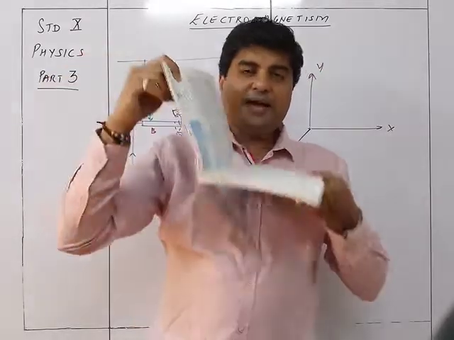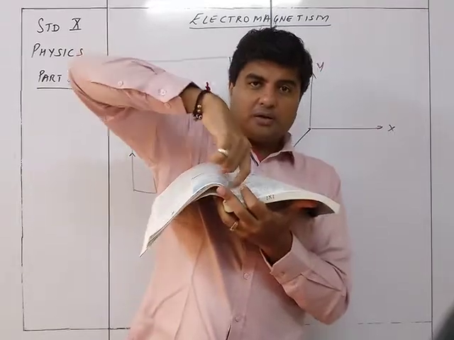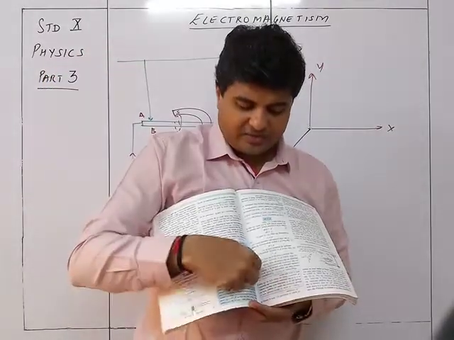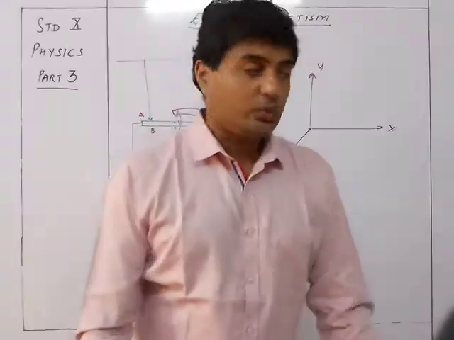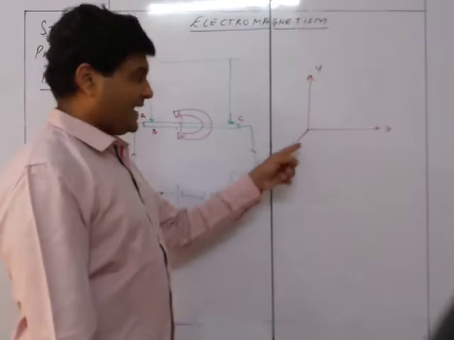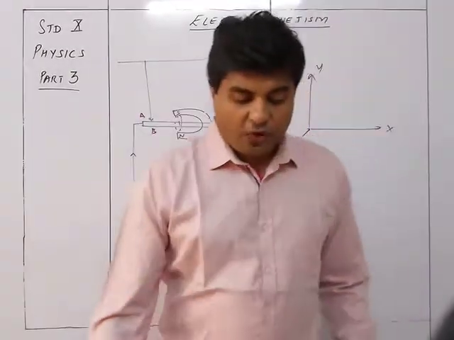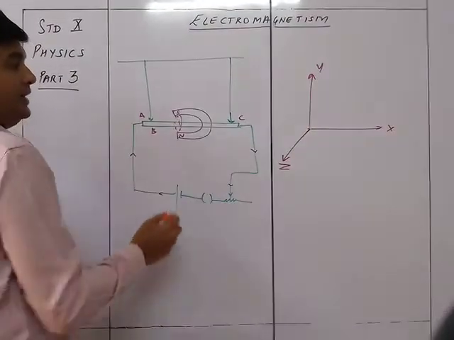The depth over here is mutually perpendicular. You can see they are mutually perpendicular to each other. This is at 90 degrees with this one, this is 90 with this one, and this is 90 with this one. So in this way, this is the z-axis. So the force will be acting on this particular conductor in the z-axis.